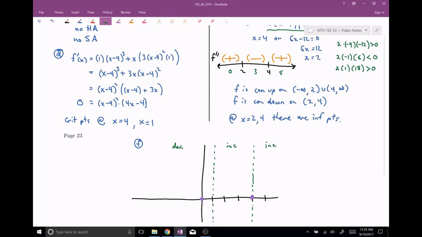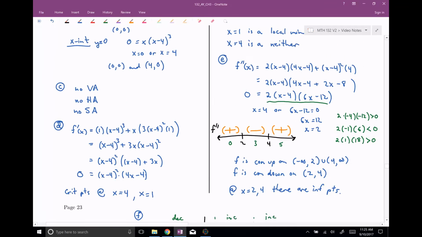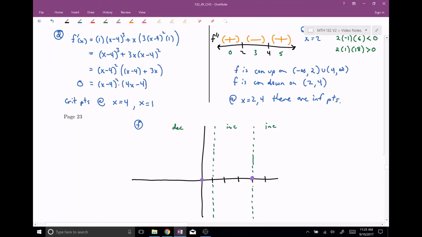Okay, how about part E? E talks about the second derivative. It says that we should break it up at 2 and at 4. So I also want to break it up right here at 2. When you're less than 2, it's concave up.